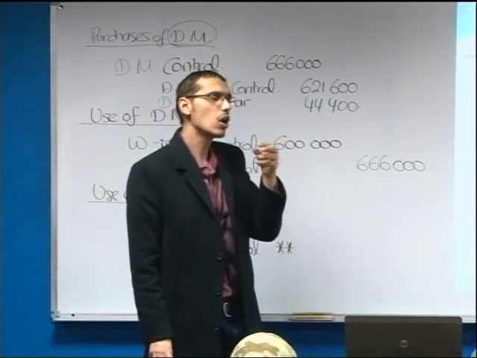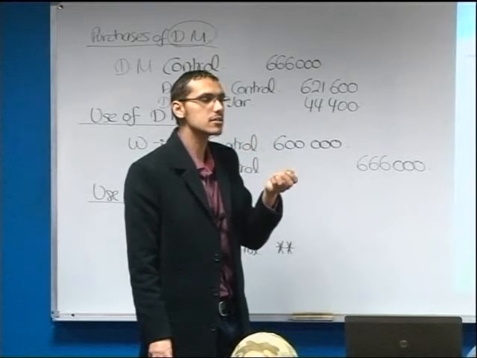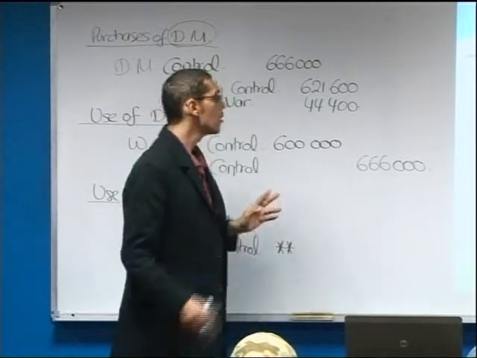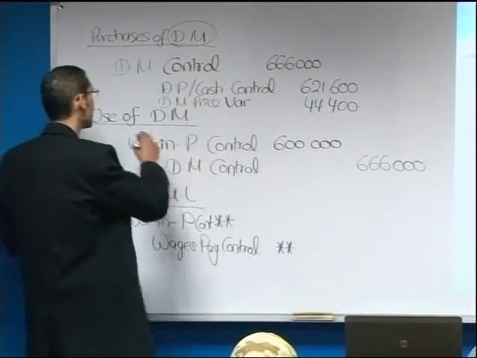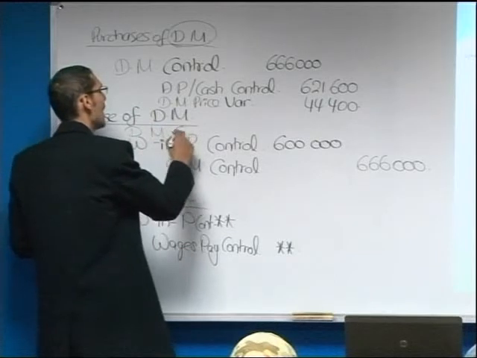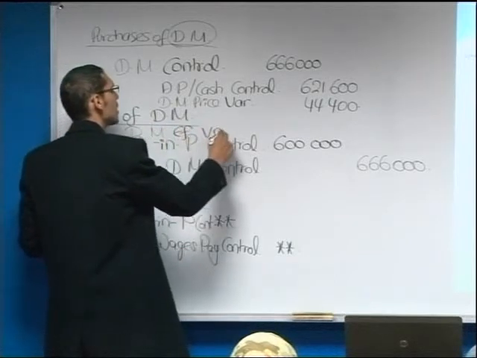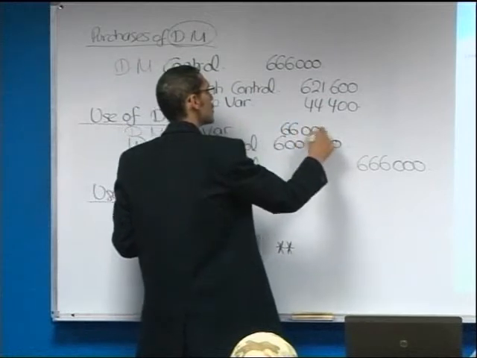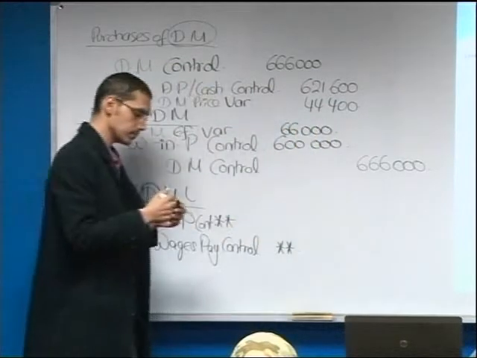Therefore, we are going to treat these variances as if they were expenses. Therefore, we would recognize a direct materials efficiency variance in the amount of $66,000.